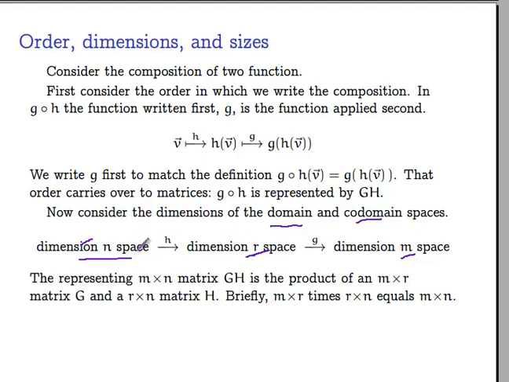What's the dimension of the matrix associated with little h? Well, it's r by n. What's the dimension of the matrix associated with little g? Well, it's m by r. Now remember, you put this matrix first, this matrix second. So what we get is an m by r times an r by n, which gives me the result, an m by n matrix associated with the map from dimension n to dimension m.